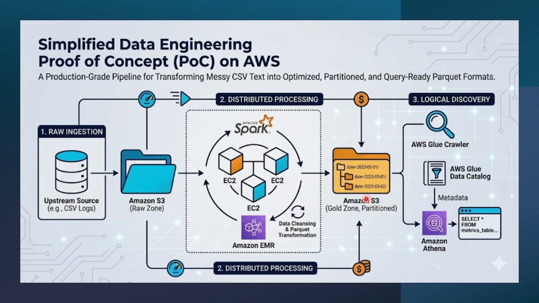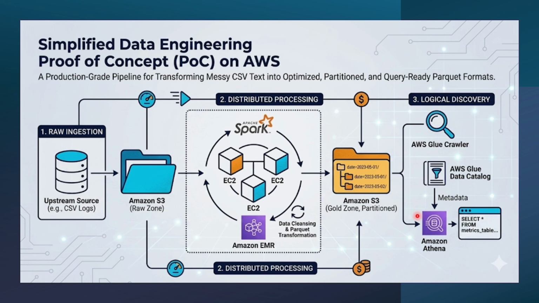Note that the Amazon S3 gold zone has Parquet format, so it is very much optimized, and we have made the partitioning also, so that Amazon Athena SQL can easily query this S3 through the AWS Glue catalog metadata.